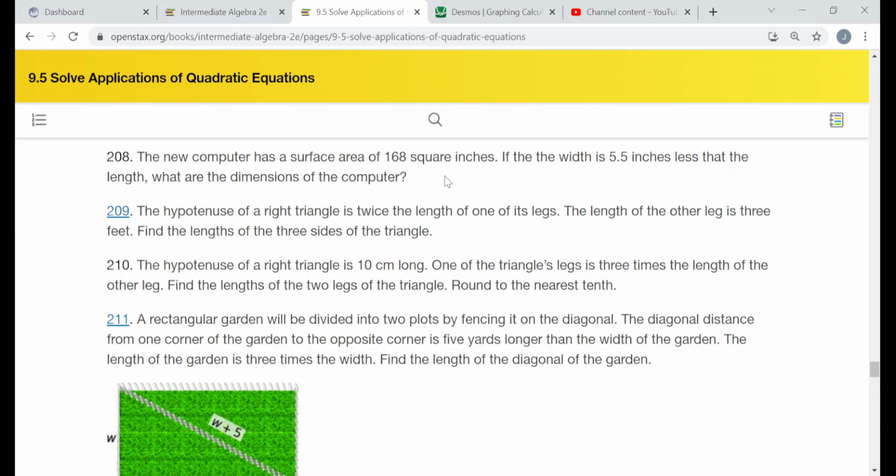So I'm going to assume here we're talking about just the computer screen. And also looking back through the section, section 9.5 here, they don't talk about three-dimensional figures at all. So this must be just the rectangular computer screen.